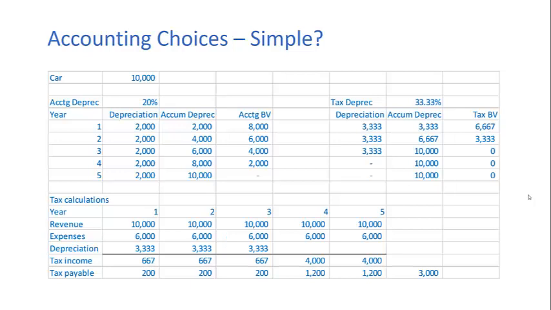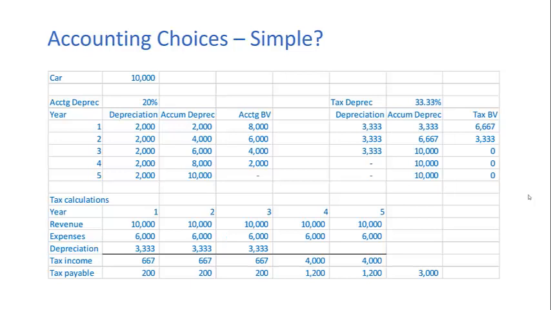We can see how this plays out if we think about the calculation of the tax payable, and you can see that on the bottom of the slide. The tax calculations have revenue and expenses each year, $10,000 and $6,000 respectively. We have depreciation for tax purposes of $3,333 for the first 3 years, which gives us taxable income.